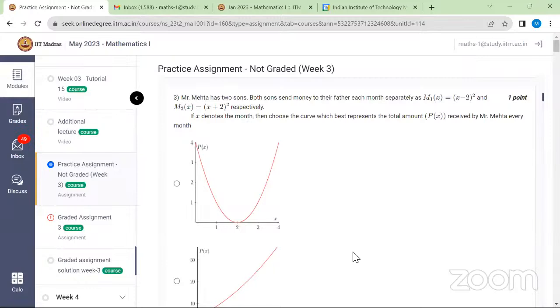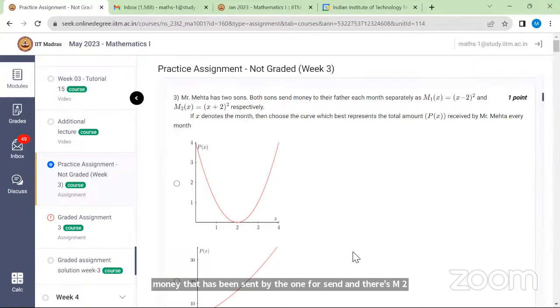There is a Mr. Mehta who has 2 sons. Both sons send money to their father each month separately. M1 and M2 have been given. M1 is the money sent by the first son, and M2 by the second. Sir, I solved M1 and M2 and got an equation. Let me first read and understand the question, then only I'll be able to tell you anything.